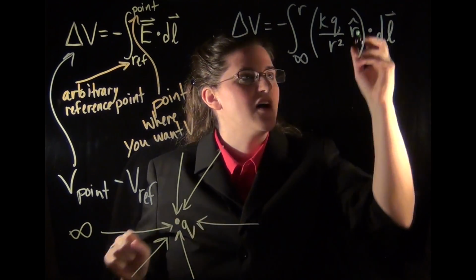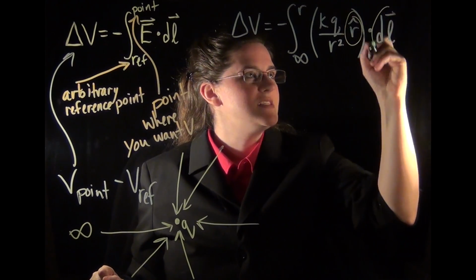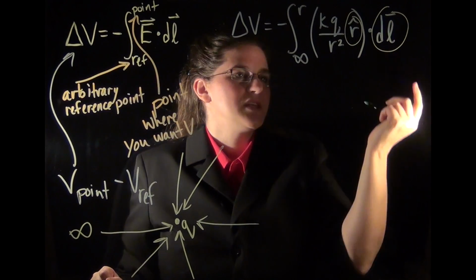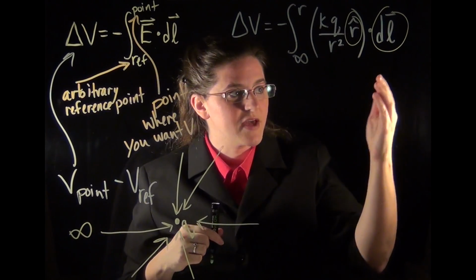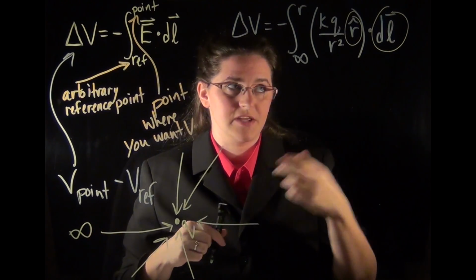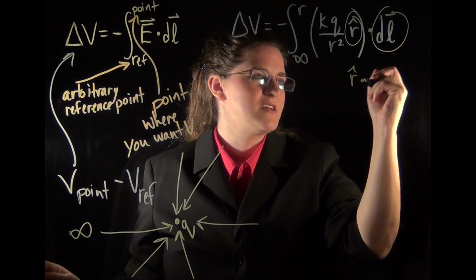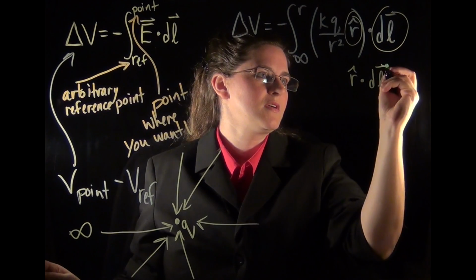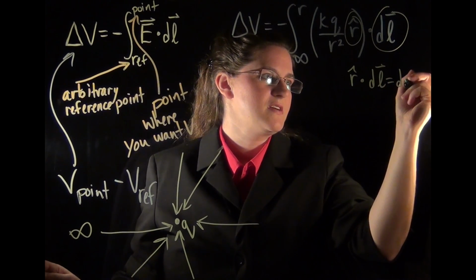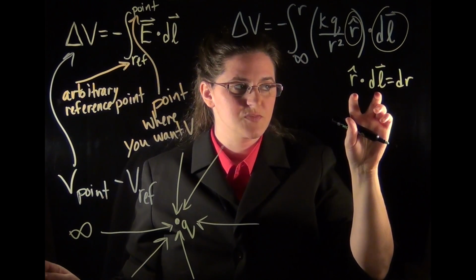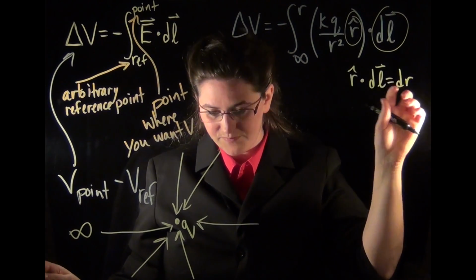That means that r hat and dl are parallel to one another. And so the dot product between these two really just becomes the path along which you have to travel, which is the radius. So r hat dotted with dl equals dr. And you know that a dot product, two vectors multiplied together, gets you a scalar.